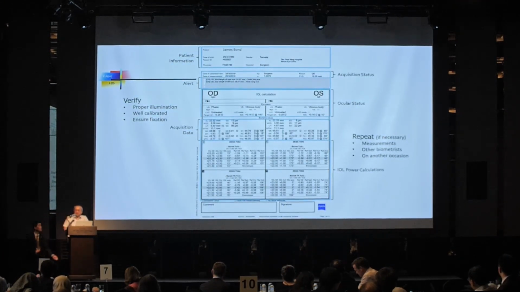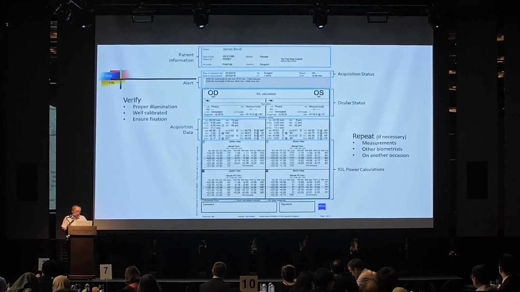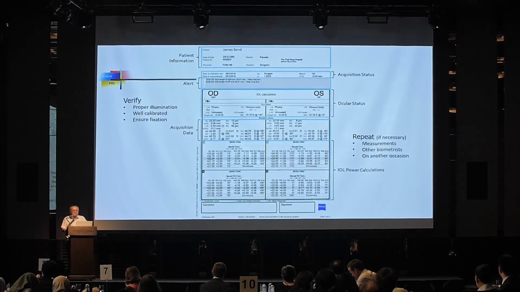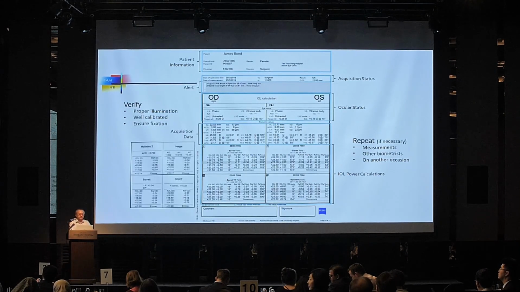In my practice, when more than 75% of my patients are toric, I almost always use toric formula. And I suggest that you use toric formula even if you don't put in much toric IOL, so that you know what kind of expected post-op astigmatism the patient might have.